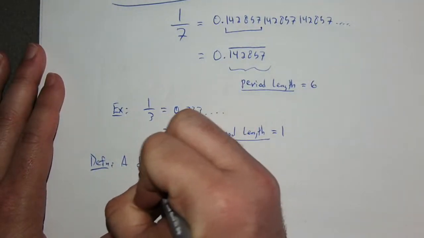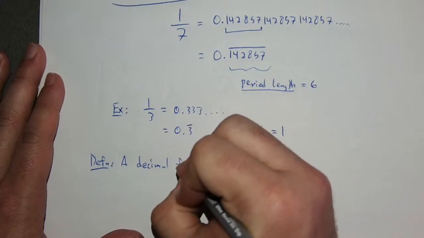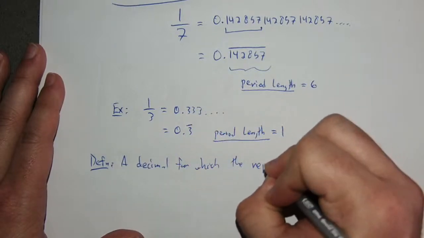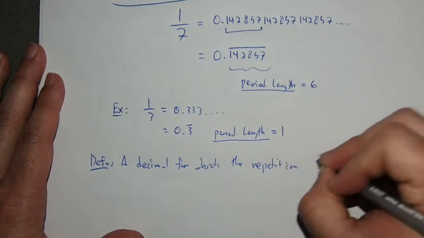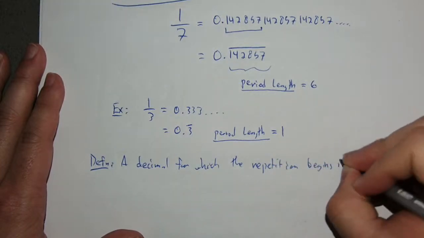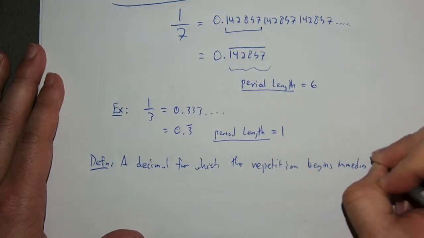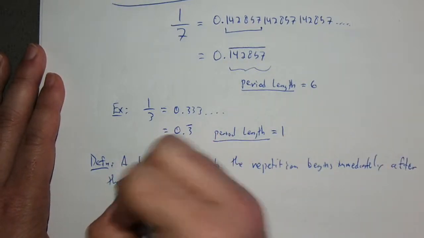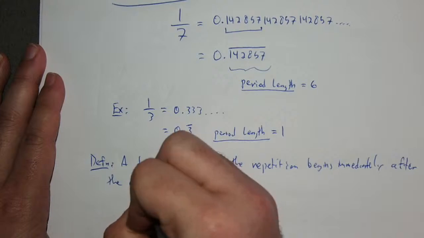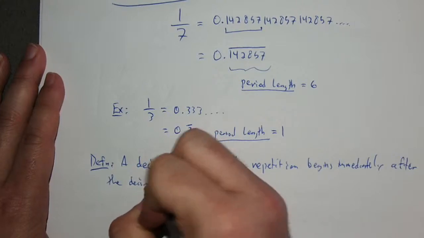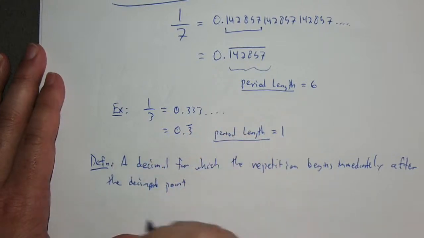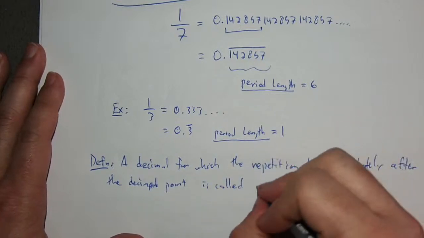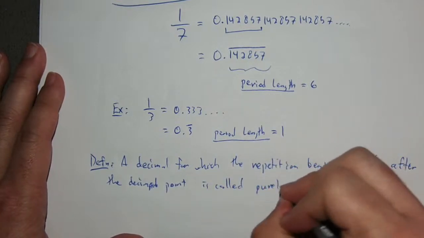A decimal for which the repetition begins immediately after the decimal point is called purely periodic.